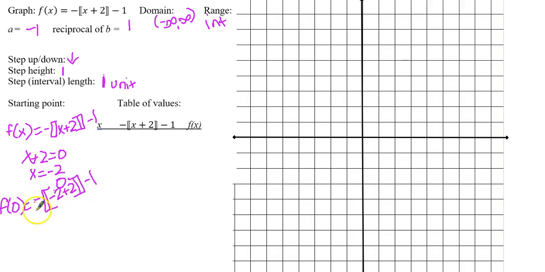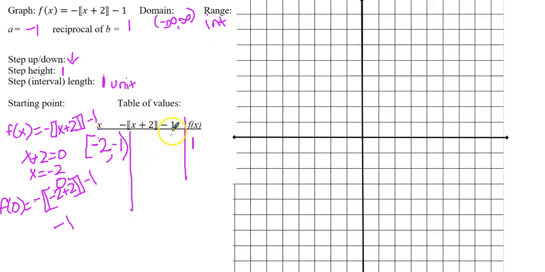This is 0, so it's the opposite of 0 minus 1, which is -1. So I get a starting point of -2, and then my output is -1. So now we just need to determine what our interval length is. It's 1 unit, so that would be from -2 to -1 approaching.